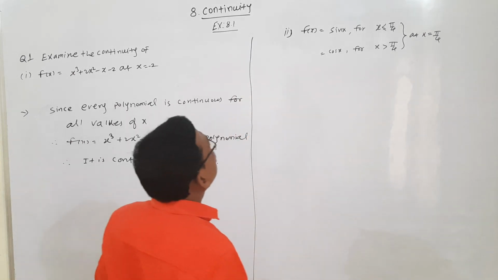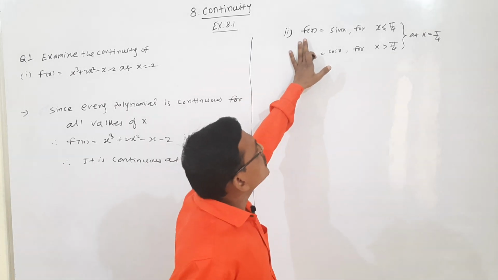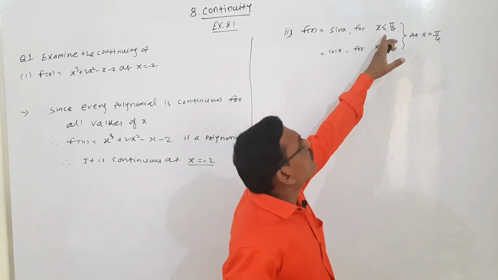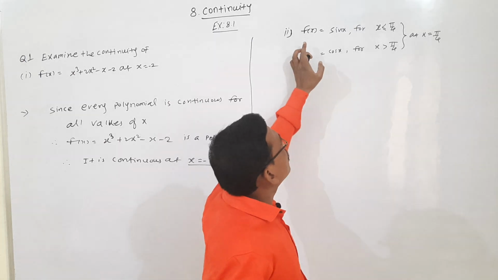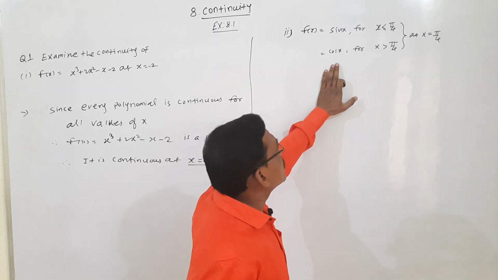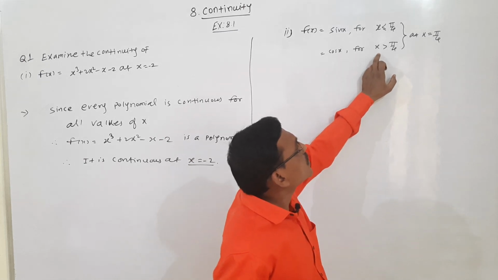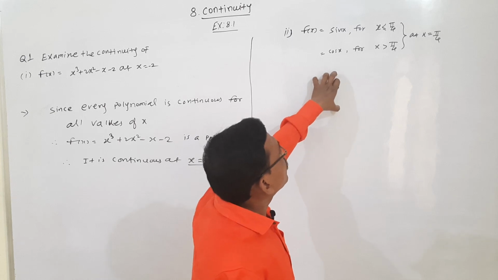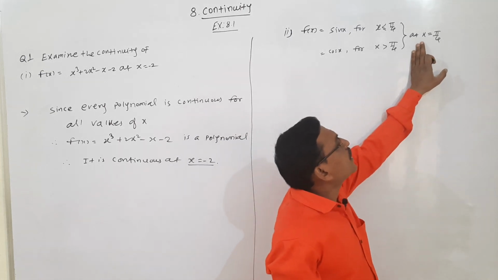Now we will take the second example: function f of x equal to sin x for x less than or equal to pi by 4, and f of x equal to cos x for the interval x greater than pi by 4. We have to check this function at x equal to pi by 4.